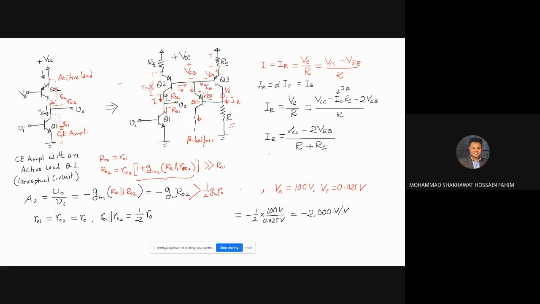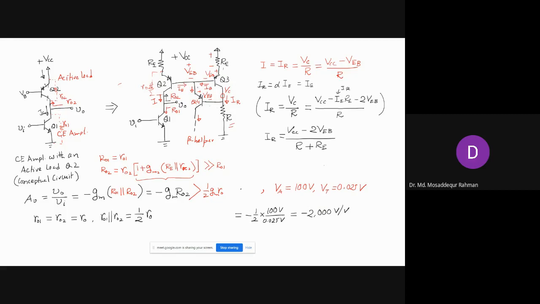Sir, where did that R come from? Oh, okay, got it. Yeah, you can use this equation here and solve for IR, or you can directly write this one by just looking at the circuit. The total voltage across these two resistors combined would be the supply voltage minus the voltage drop in these two PN junctions.